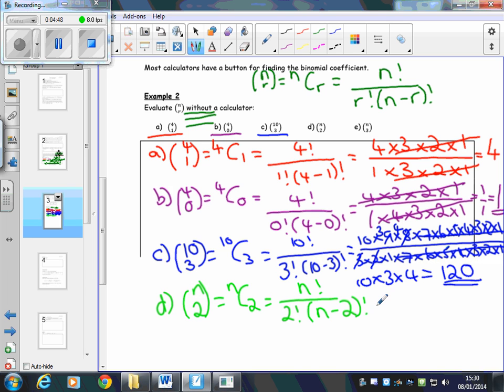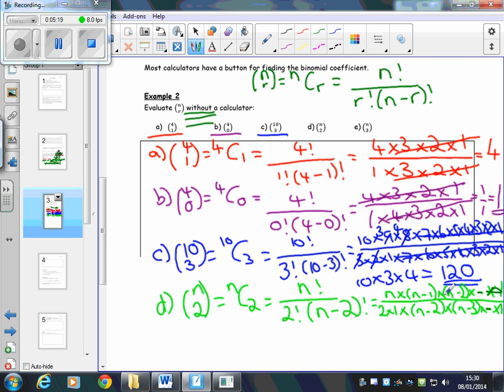Now bearing in mind that this actually means n times (n minus 1) times (n minus 2) times on and on and on down to times 1, and that will be divided by 2 times 1, and then (n minus 2) factorial. So that'll be (n minus 2) times (n minus 3), and so on down to times 1.